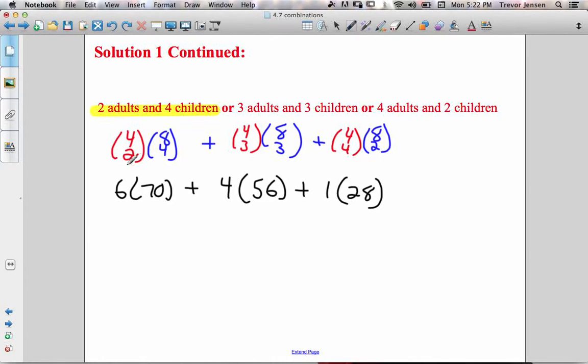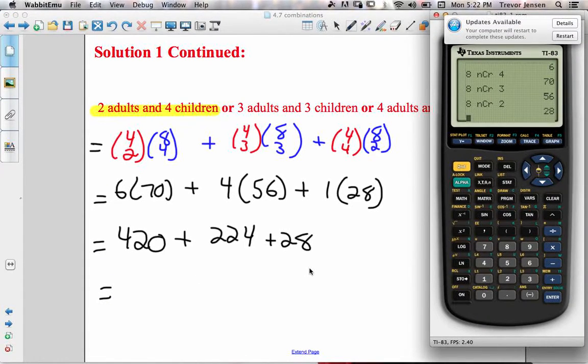So let's go ahead and do all these calculations. 6 times 70, that'll give me 420, plus 4 times 56. Well, 4 times 50 is 200. 4 times 6 is 24, so I'll do 24. Plus 28. I should have equal signs in front of all of this here.